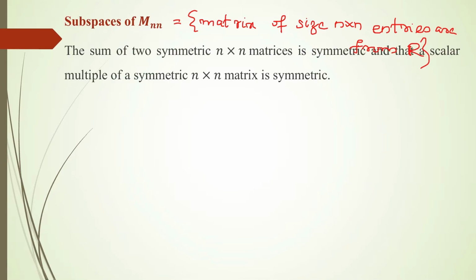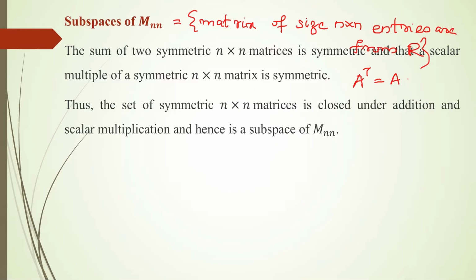And now I am considering a subset of Mnn which consists of all symmetric n by n matrices. All the n by n matrices which are symmetric. Symmetric means A transpose equals A itself. We are considering all such matrices.